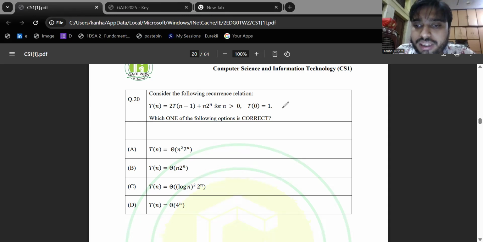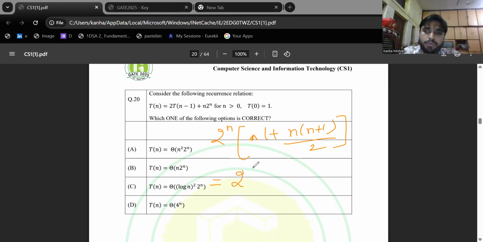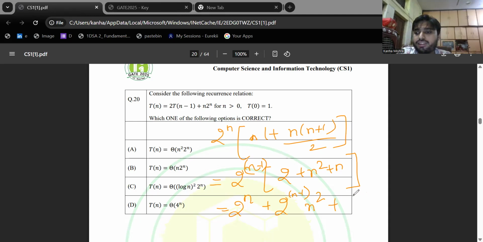So let's try to see the term which was coming out to be 2 to the power n, 1 plus n into n plus 1 by 2. So 2 to the power n minus 1, 2 plus n square plus n, 2 to the power n plus 2 to the power n minus 1 n square plus 2 to the power n minus 1 into n.